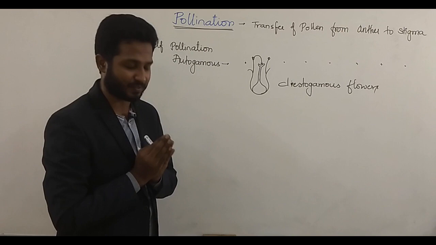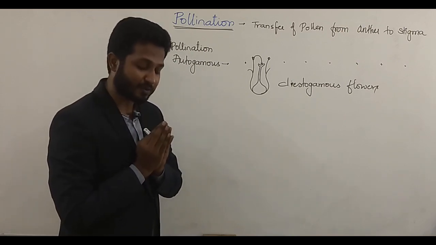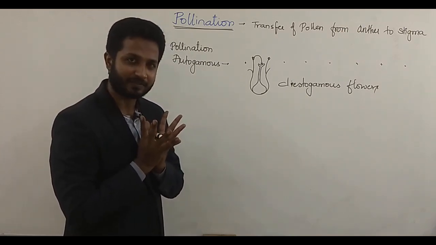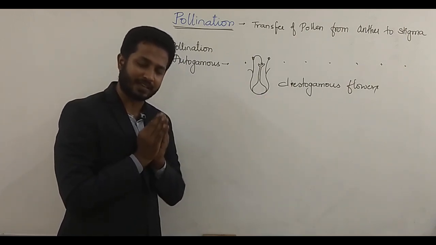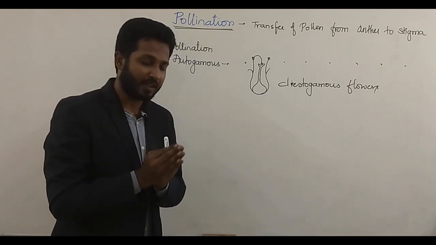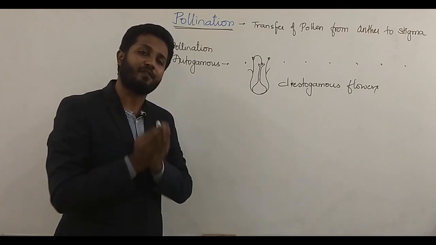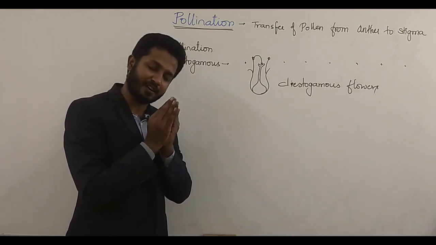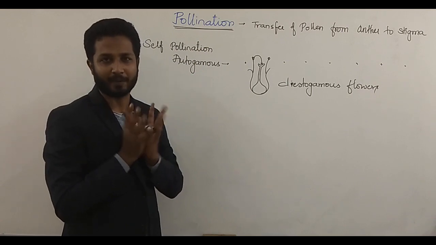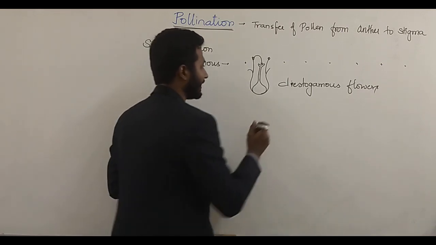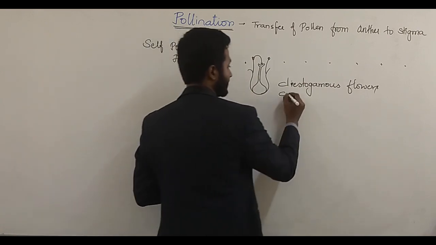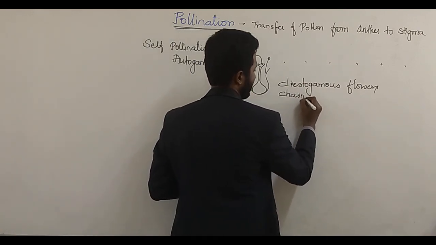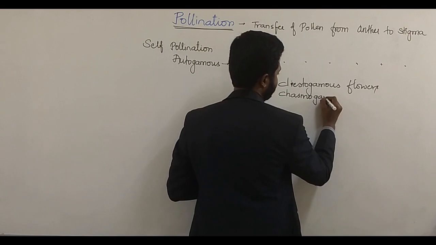What are chasmogamous flowers? These are the flowers which will open up after pollination. So see the difference. Cleistogamous flowers remain closed always, even after growth. Even after pollen grain falls onto the stigma, the flower is always closed. It is not opening up. But how about the chasmogamous flower, the second variety under the autogamous type? Chasmogamous flower.